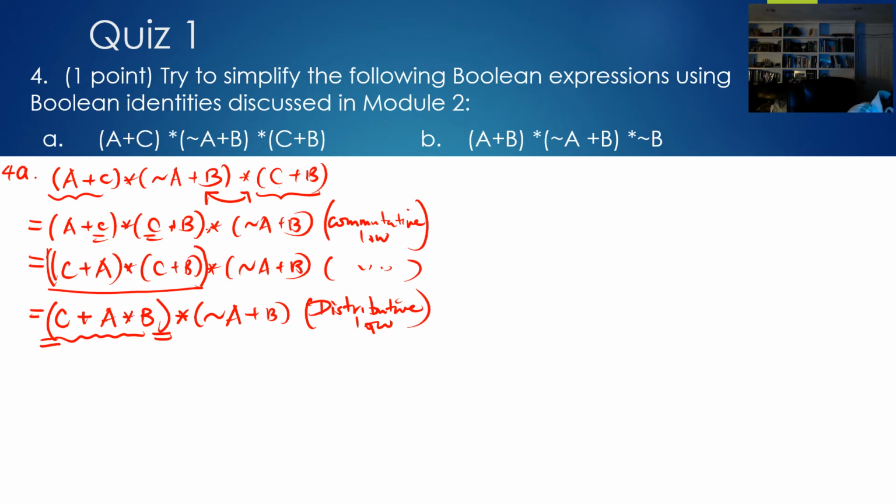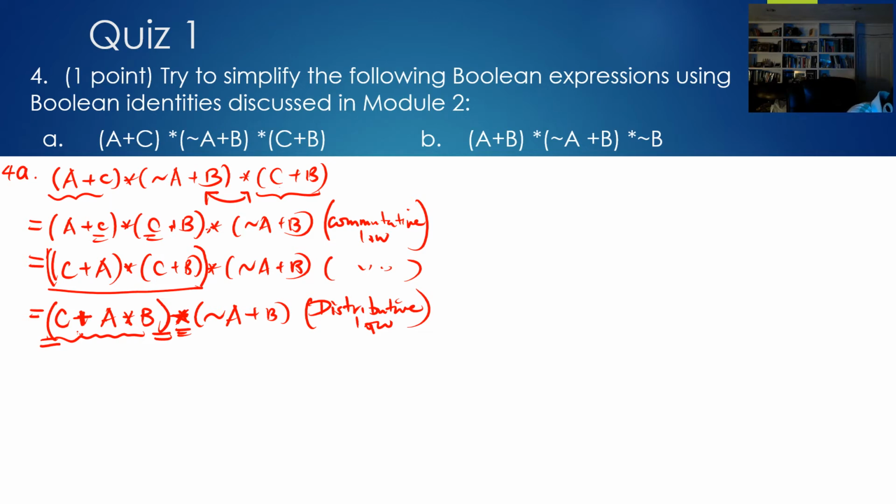If you don't put the parentheses, based on the precedence of the operations, you would evaluate the AND operation first, then the OR operation. So this is going to be different. You have to evaluate the OR operation before this AND operation, so you have to put the parentheses. That's going to make a big difference.